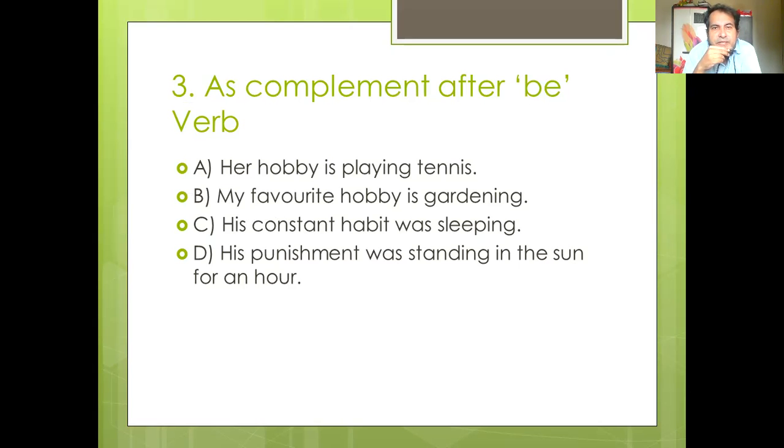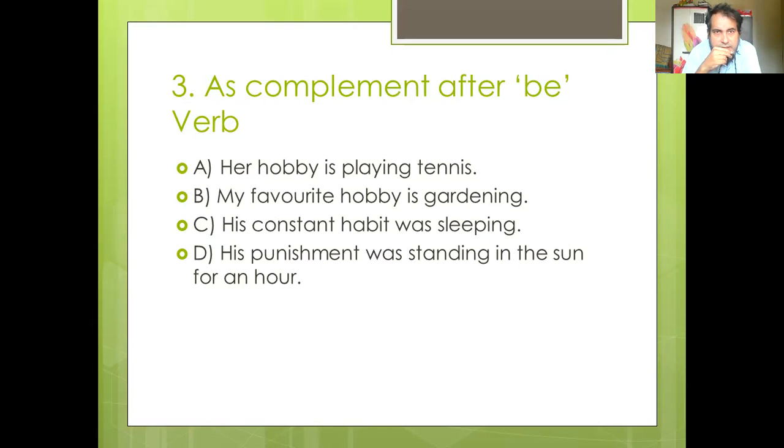and we know that a complement is used after the verb in a sentence. In example B, you see my favorite hobby is gardening. So I have a hobby, and that is gardening or swimming. So here you see garden plus ing, gardening, and it is used as a noun.